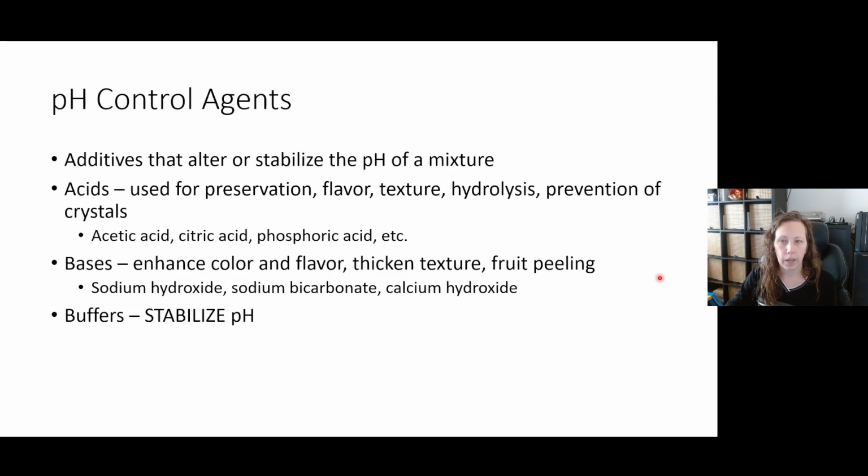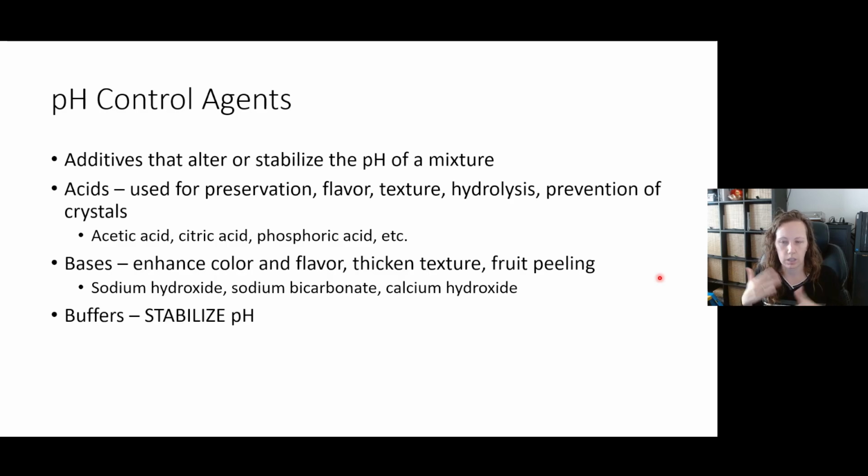Now, our third way that we control the pH is by using buffers, and the particular function of these is to stabilize the pH. Some of these buffers are also acids or bases. They give a pH, but they also have a function where they like to keep that pH the same.